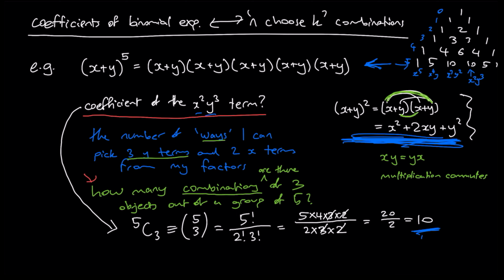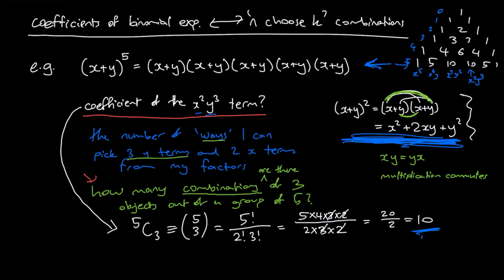A combination is a very general concept. It's just how many ways can you pick a number of objects out of a larger group of objects. And these coefficients are a specific case of that question. We're asking how many ways can you pick certain y terms from a total group of x plus y factors.